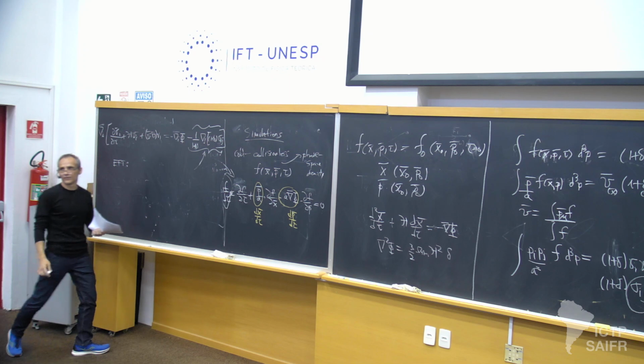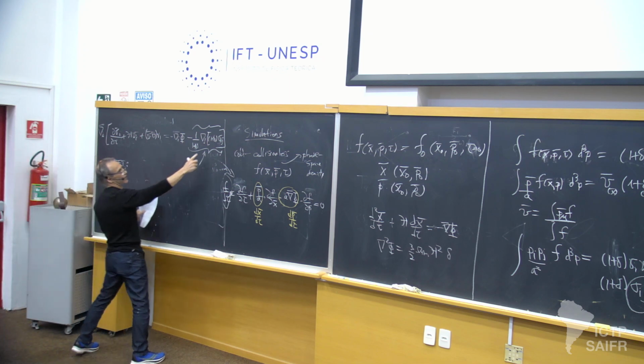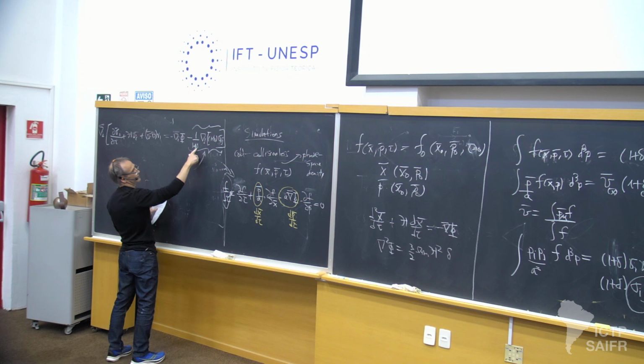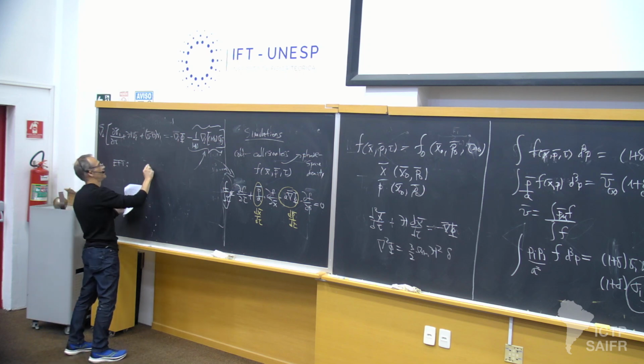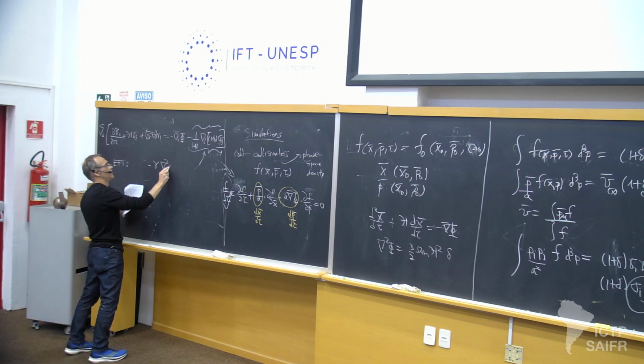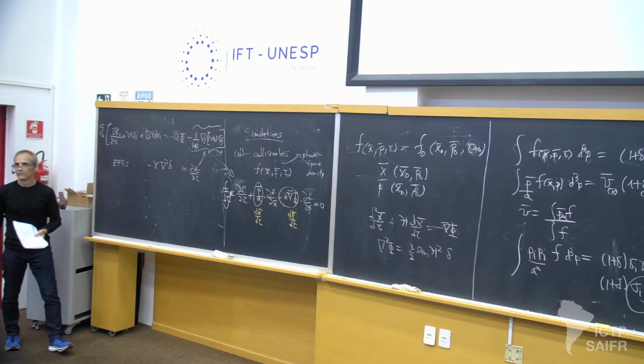That's what effective field theory does to leading order. So again, delta is much smaller than 1, right? And then you get the Laplacian of delta times some constant. That gives you a contribution which goes like this in the equation for the velocity divergence.